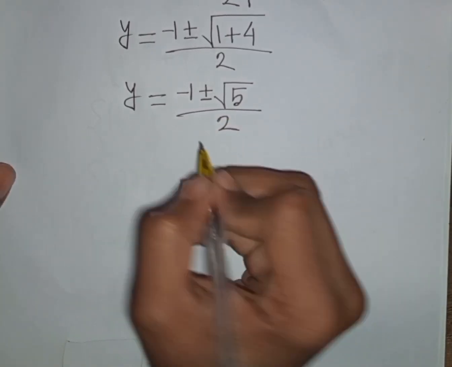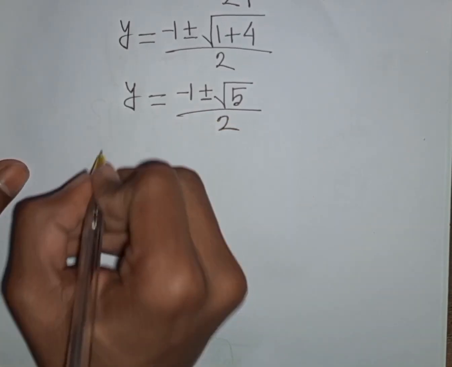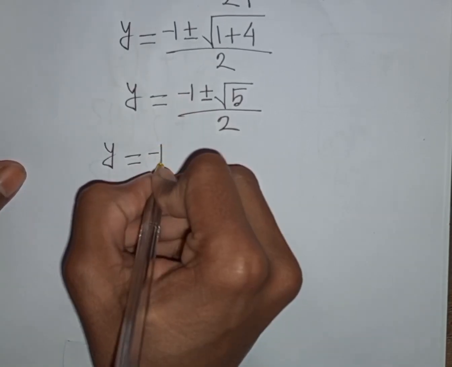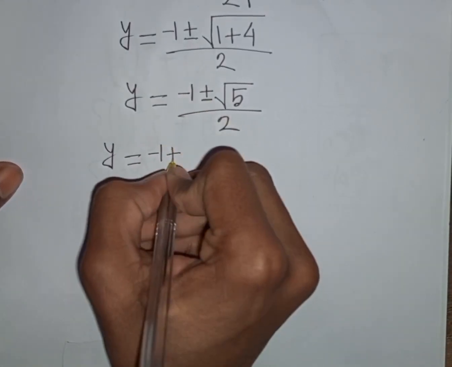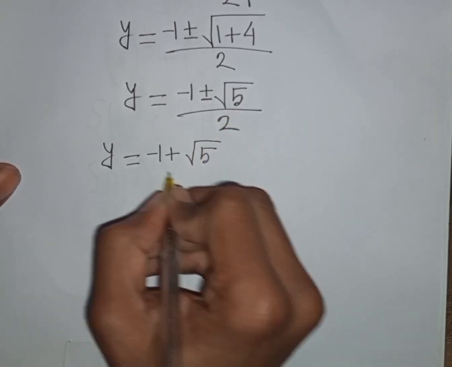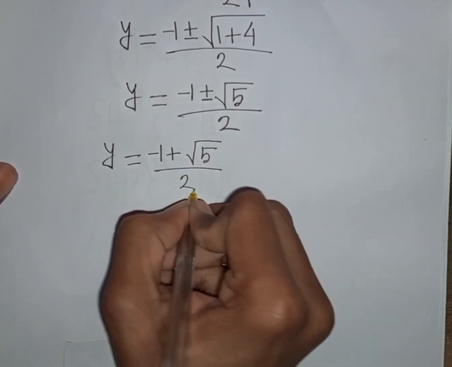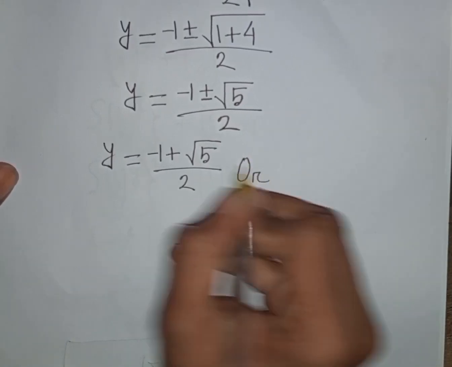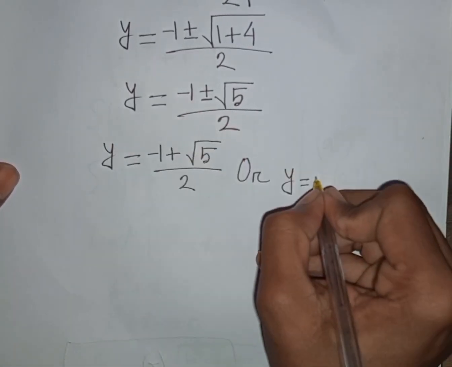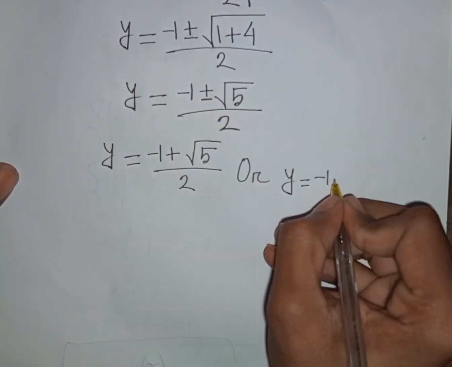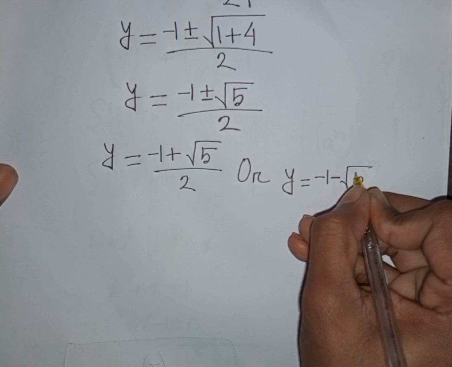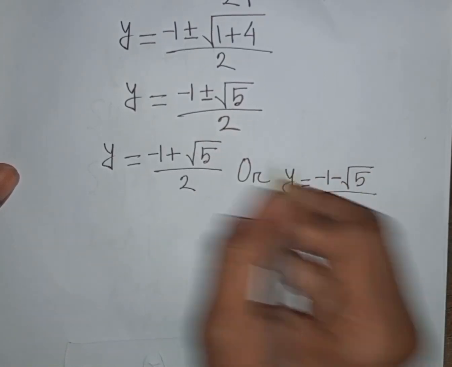Now we see two cases: y = (-1 + sqrt(5)) / 2, or y = (-1 - sqrt(5)) / 2.